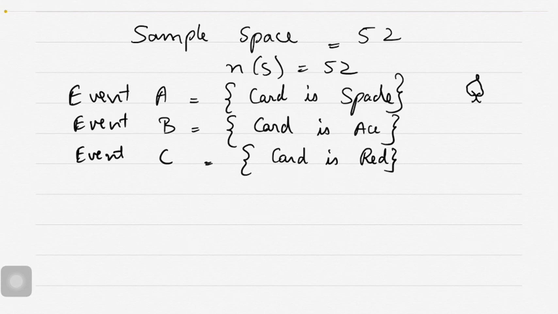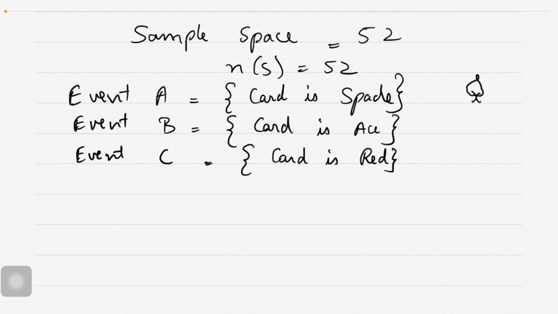You know how many cards in a pack of 52 are spade? 13. How many cards are ace? Ekka. There are 4 aces. And how many cards are red? Diamond and hearts are red, so a total of 26 cards are red.